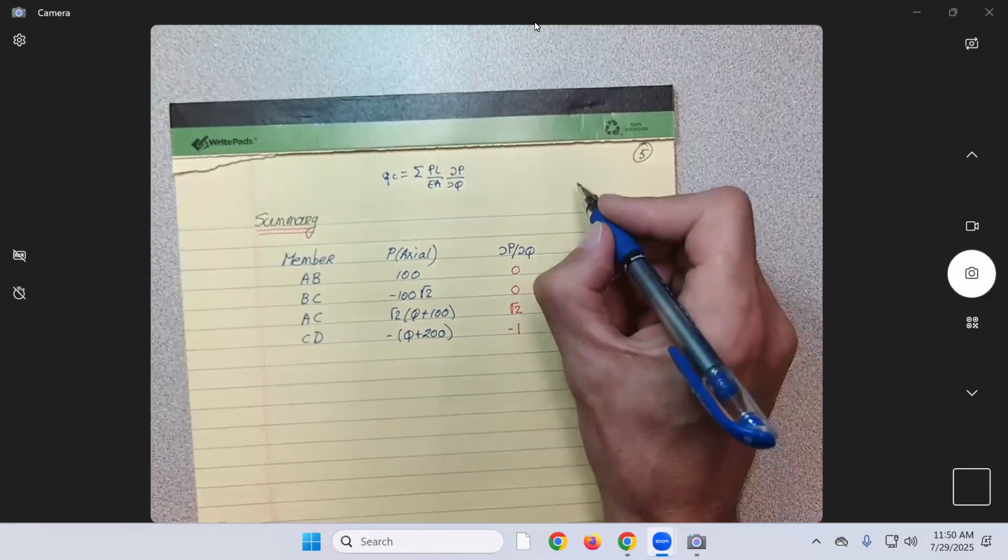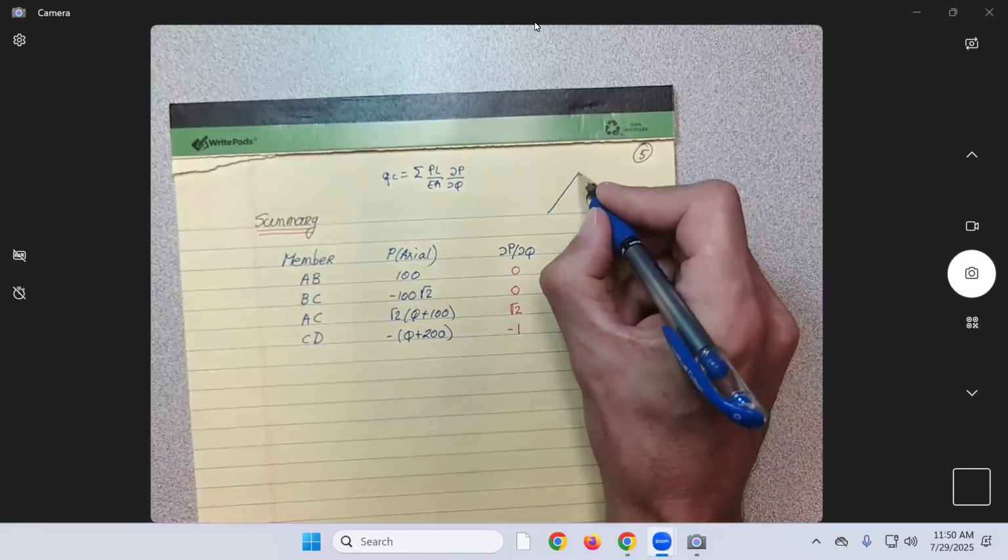And I'm going to do a small figure here at the top.